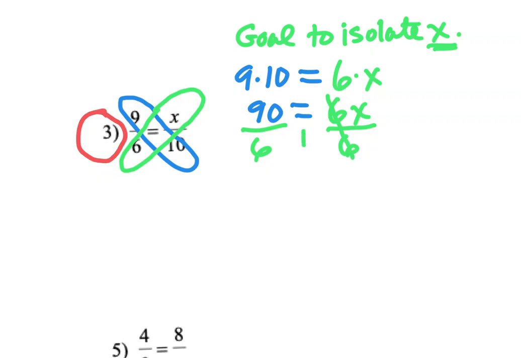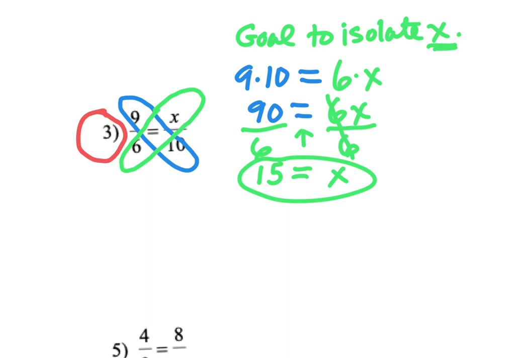As long as we keep our promise and do both things to that equal sign, both sides are treated the same, we can go ahead and divide.